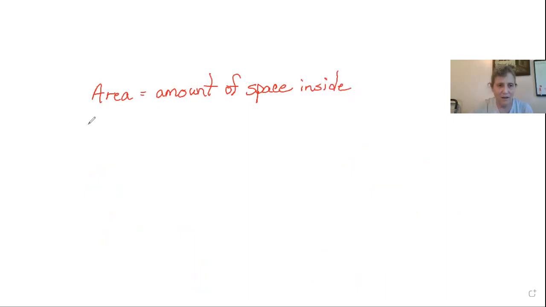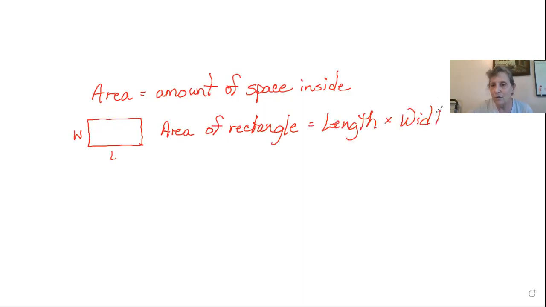So the area of a rectangle, again, we could call this length and width, and again, it doesn't really matter. The area of a rectangle is going to be the length times the width, or the product of the 2 perpendicular sides.